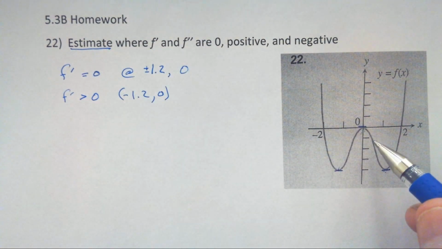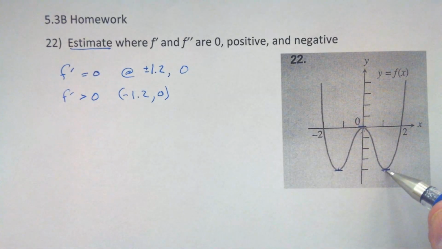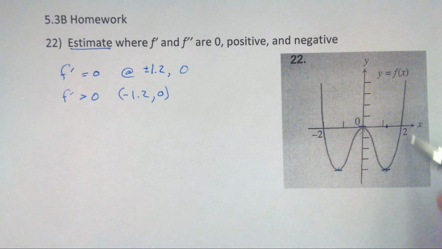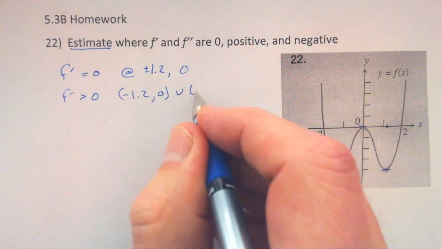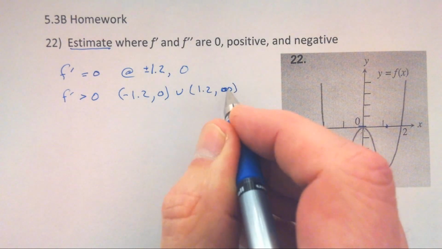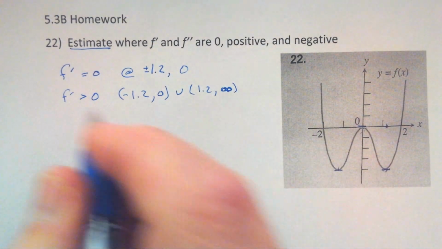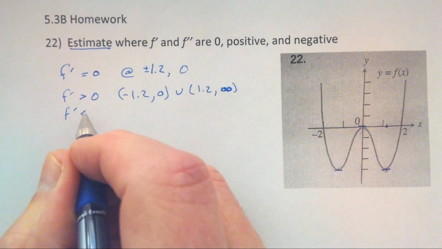And then again it is positive. The slope is positive from, if this is positive 1.2 out here, so in union with positive 1.2 to infinity.